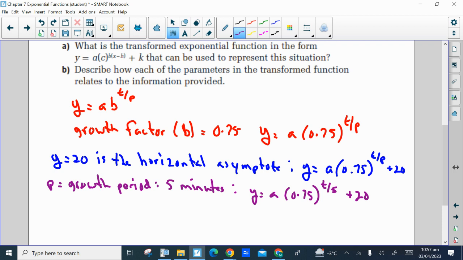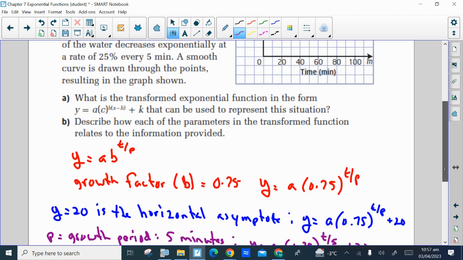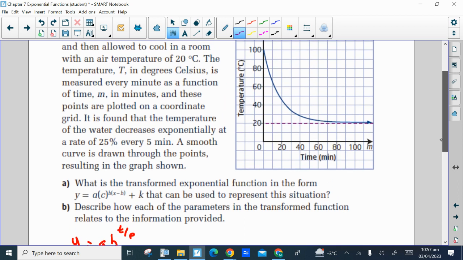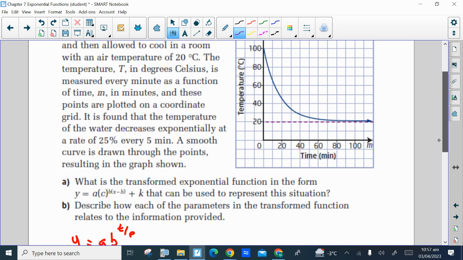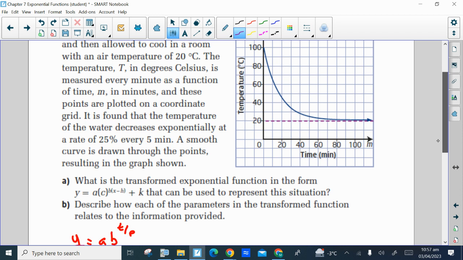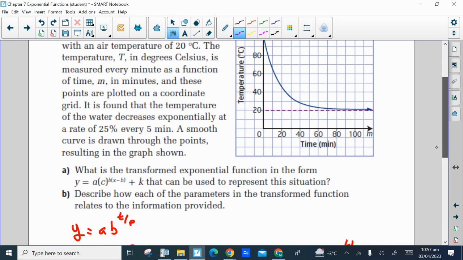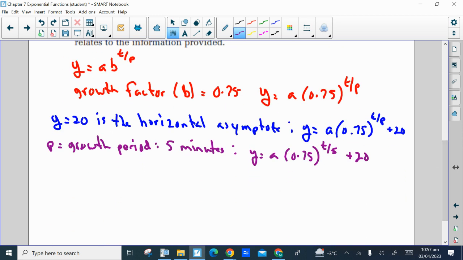So now all we need to find is what a is, right? t is the same thing as x. That's our variable. That's going to be changing, right? You can find the temperature after 1 minute, after 12 minutes, after 15 minutes by changing t every time. We need to find out what a is, and we've done this before. We can take any point on the graph, and the only one we know for sure that is on there is the point 0, 100.